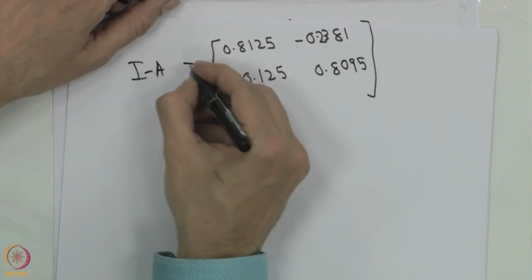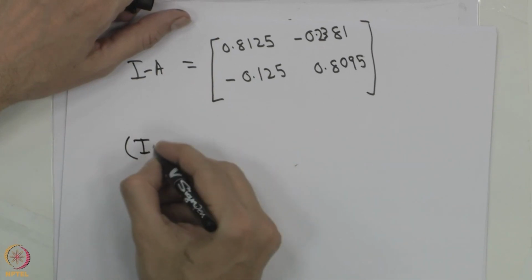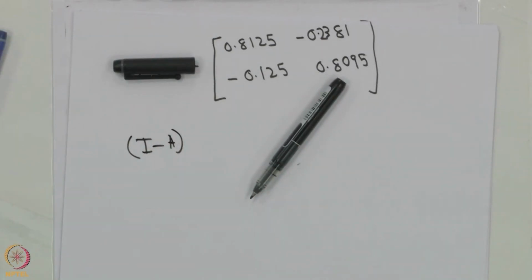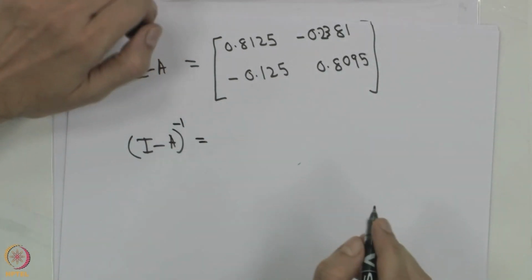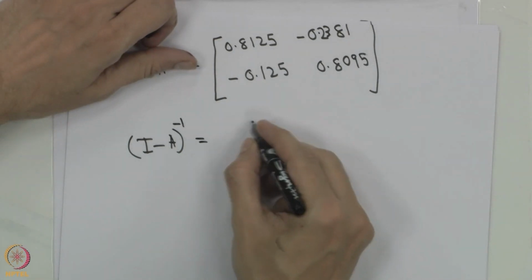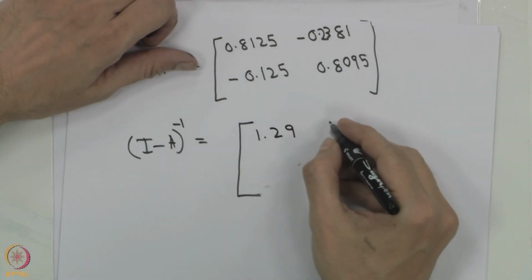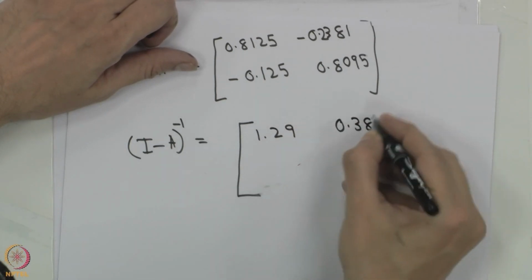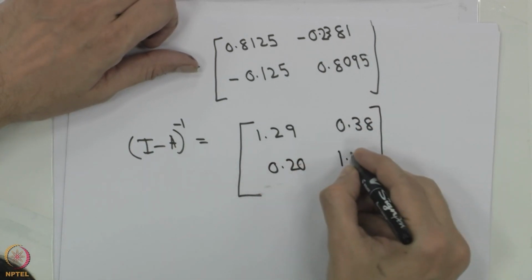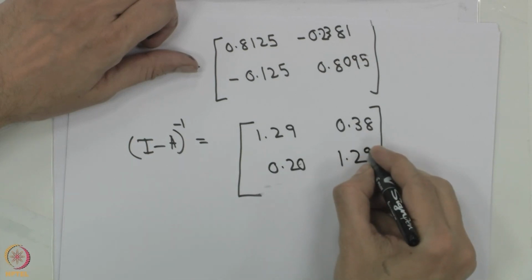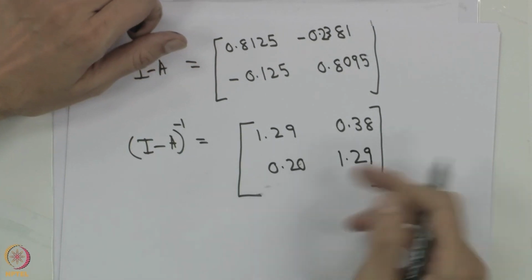This is I minus A. We can take the inverse of this. I am not going to show you all the steps. With the rounded off values, you will find that it turns out to be approximately 1.29, 0.38, 0.2, and so on, subject to rounding off.